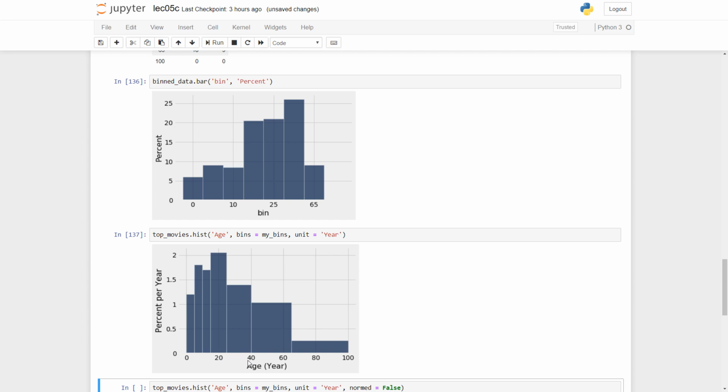First, look at the x-axis. What do you notice on the x-axis, and compare it with what we have here? So the width of the bars is not equal. So what is the width of the bar here?